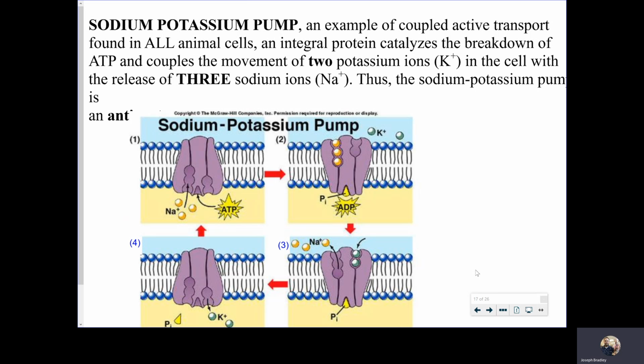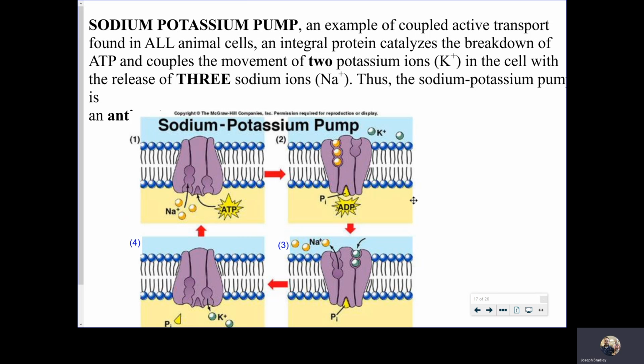Then ATP is broken down into ADP, so ATP attaches a phosphate group. That's step 2. As a result, the sodium-potassium pump changes its shape. You can see the bonding site now went to here. So it basically flipped. And then potassium is going to attach.